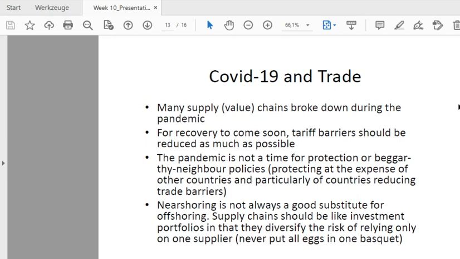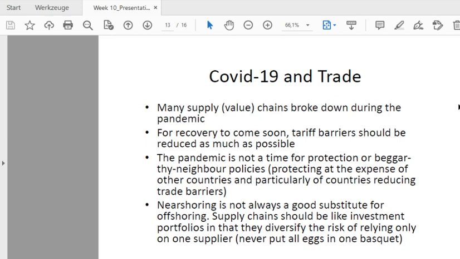They should be constructed like an investment portfolio where you have shares and bonds. In a portfolio you take in shares and bonds to diversify the risk, so you don't stick to one share of one company or to two shares.